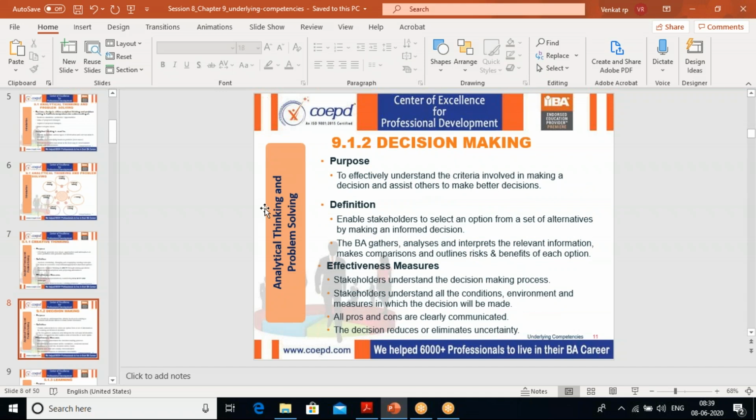And then we have decision making. Here we have to understand the criteria involved in making a decision, and we have to assist others as well to make better decisions. We need to give them the necessary information so they can take good decisions.